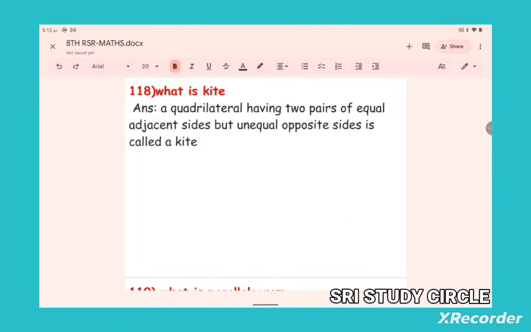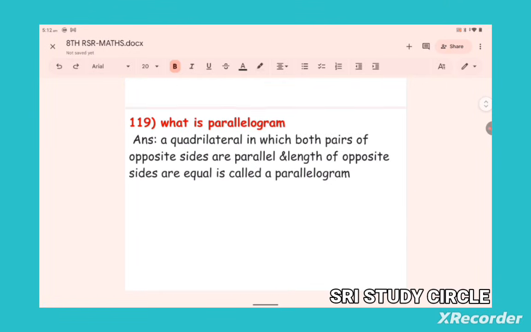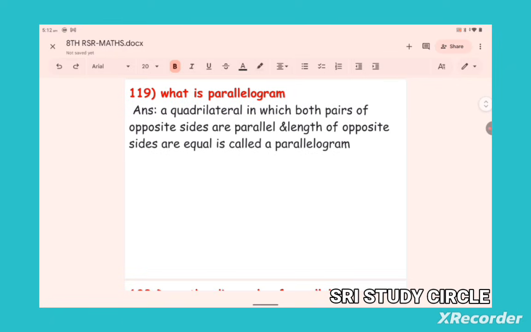Okay, next one. What is a parallelogram? Already we discussed, we have 5 types of quadrilateral. The first one is the parallelogram.